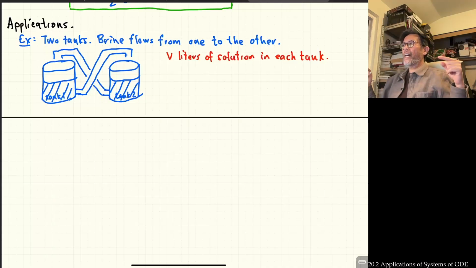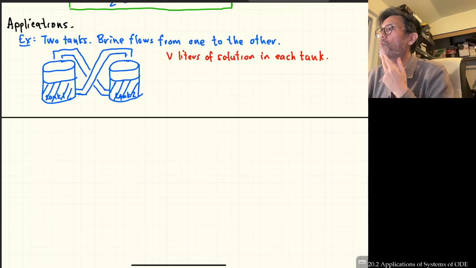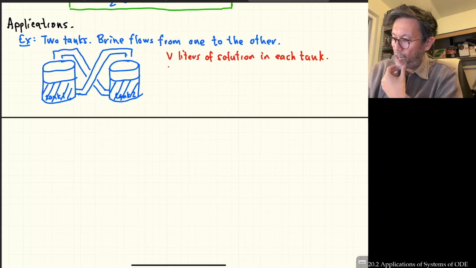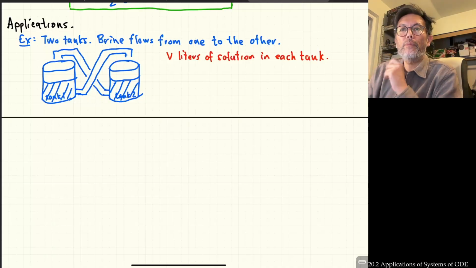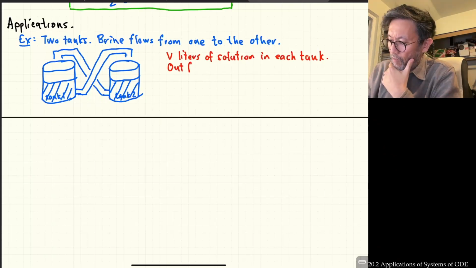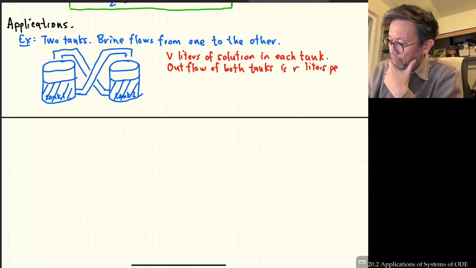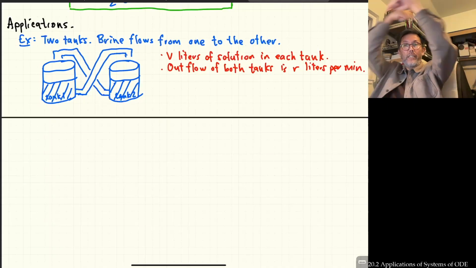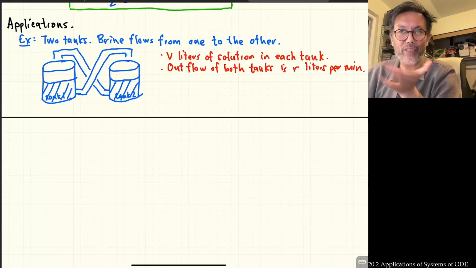And let's say that the rate at which stuff is flowing from one tank into the other is the same. So we have the outflow from each tank is R liters per minute. Okay. And that outflow goes immediately into the other tank. Does this make sense?